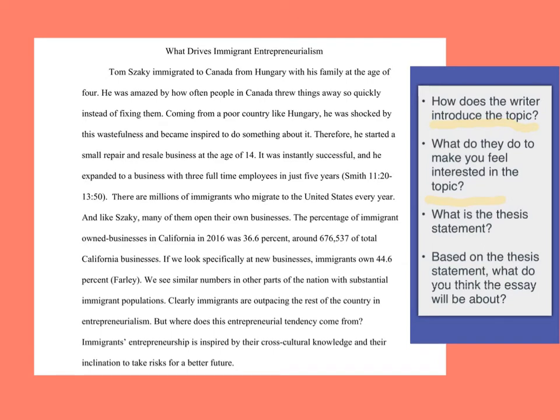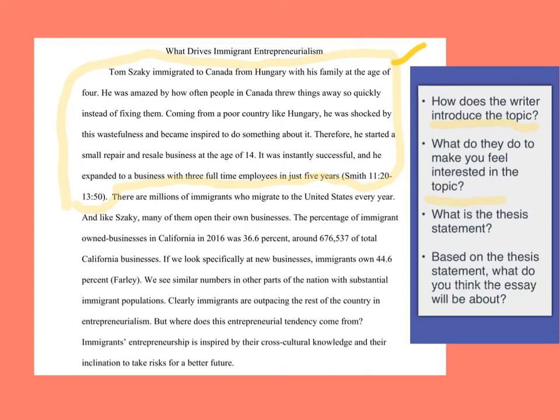There are millions of immigrants who migrate to the United States every year. Okay, so that's kind of where we change gears. So this whole part is our opening to the introduction, and it's where the writer is really grabbing our attention. How are they doing that?